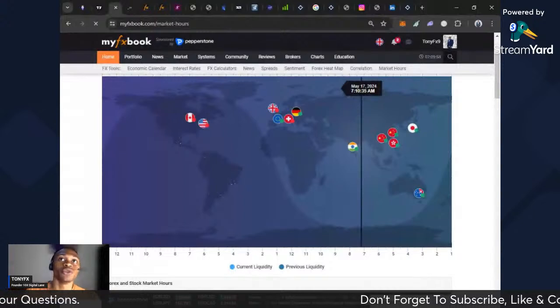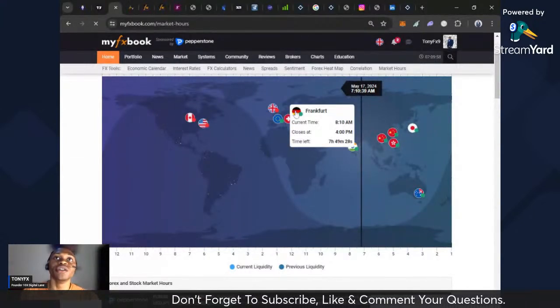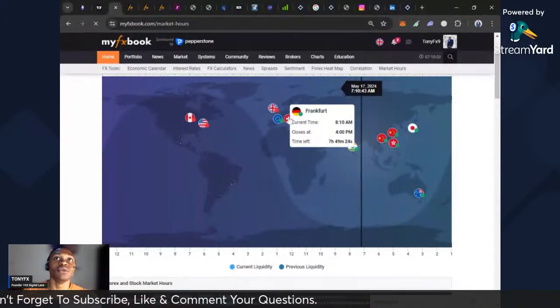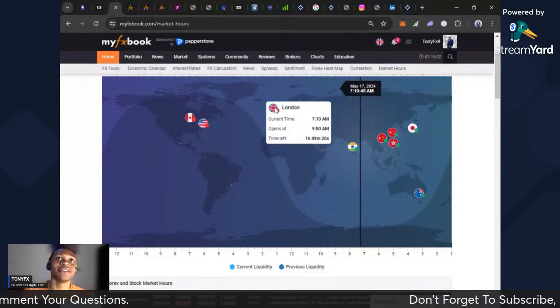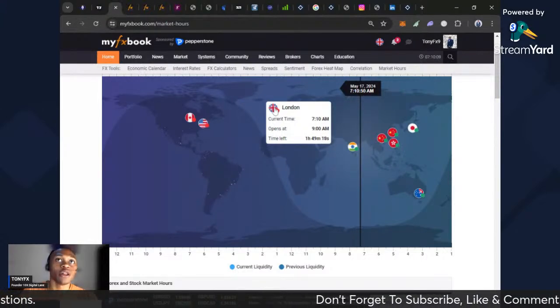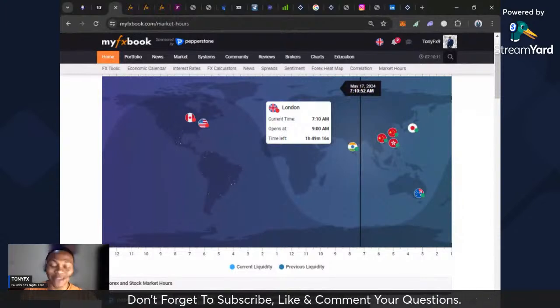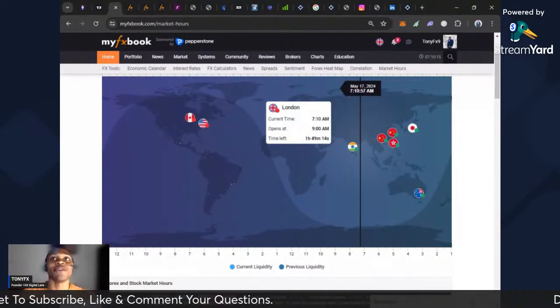Okay, so for the current London session we are on, this is affecting Germany, Switzerland, Eurocentral, and London. This is the current session we are in, and these are the pairs it affects most times.